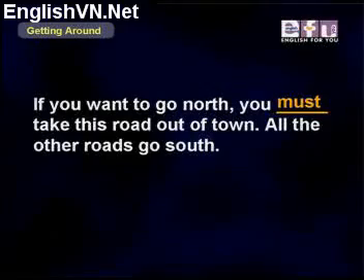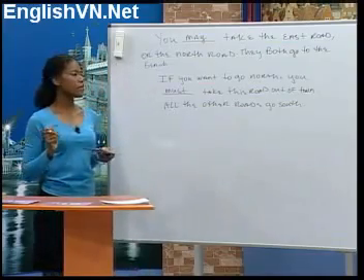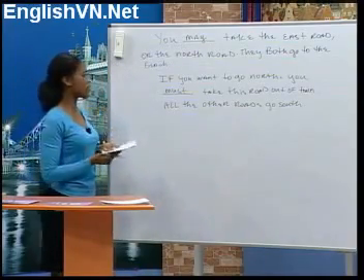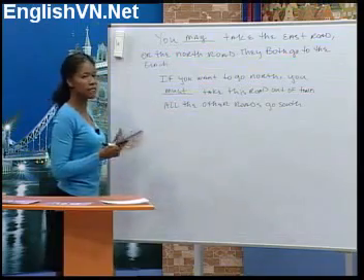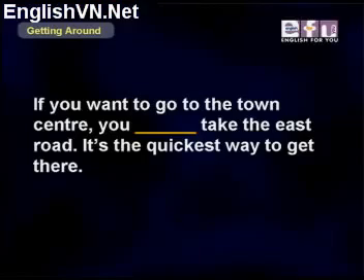All the other roads go south. Okay, good. We use must here because we are talking about necessity or things that you need to do. You don't have a choice if you want to go north. You must take this road.